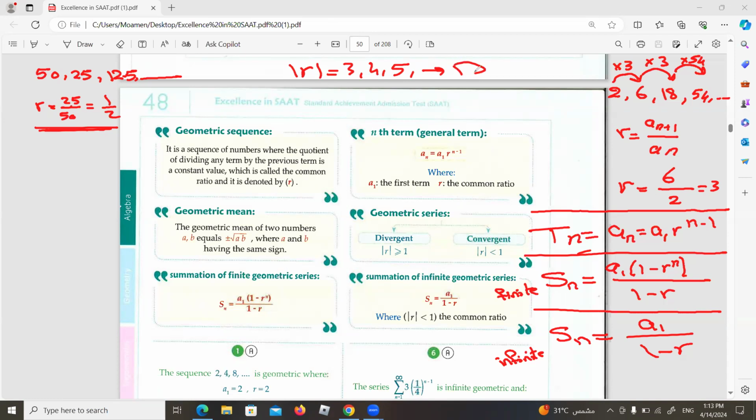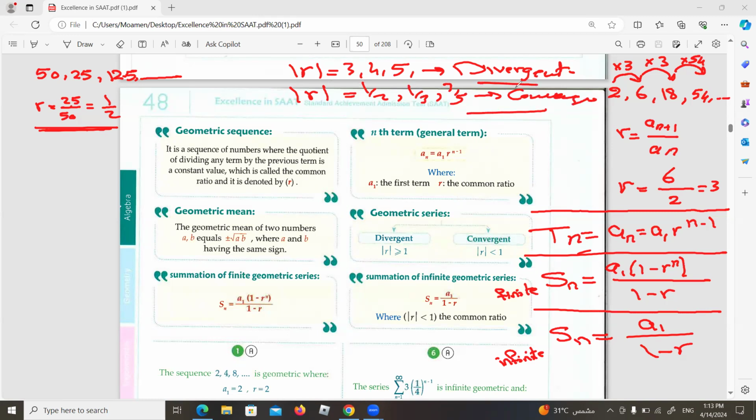If the absolute value of R is smaller than 1, like a half, 1 over 3, 3 over 5, it's called convergent.